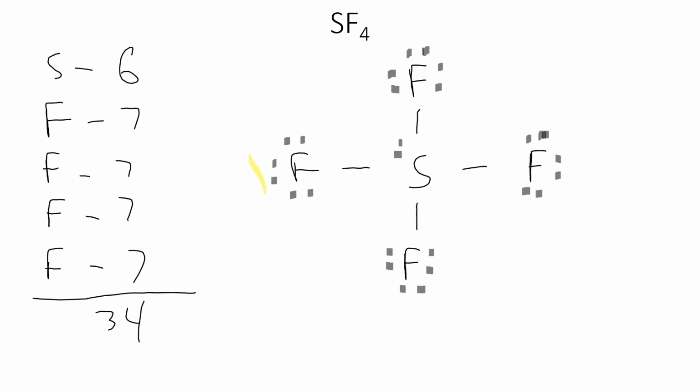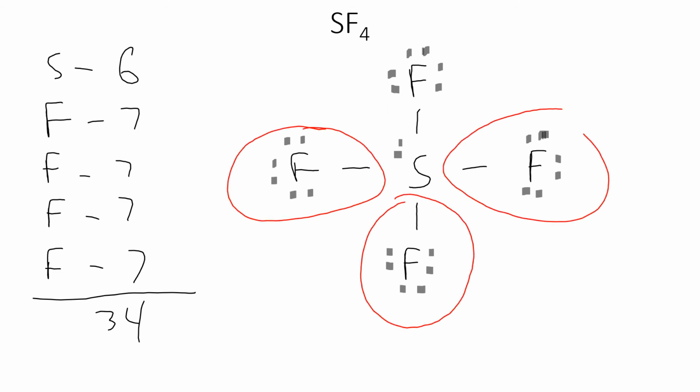Because now we want to go through and check our octets. So if we check out our octets, starting with the outer atoms, grouping things by the outer atoms, each fluorine is going to have 8 electrons in its general area. 8 for the fluorine on the left, 8 for the bottom fluorine.